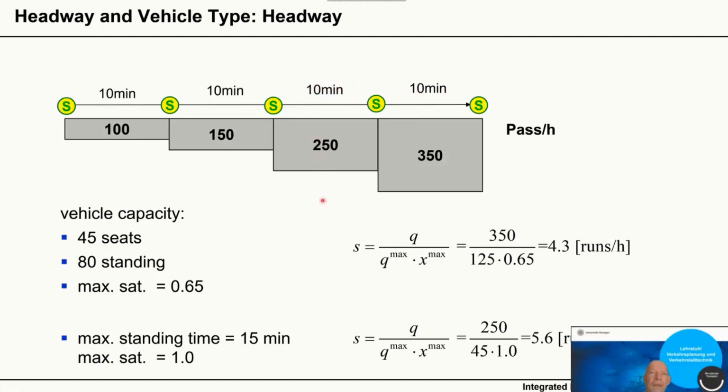So in this case, we would say our design volume is 250. Our capacity now is only the seats, but now we work with a maximum saturation of 1. That gives you 5.6 runs, so you need to round it up to 6.